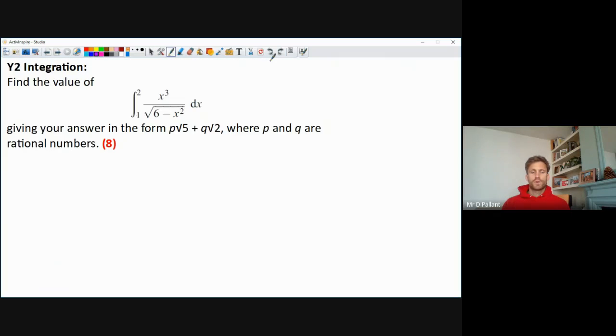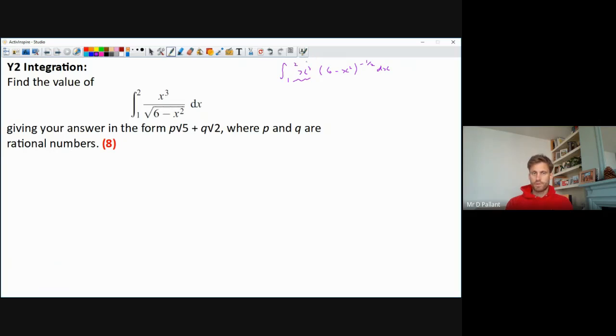Okay, so just run through some things that we might look at. So we could write it like this to effectively check for an inspection method. Okay, so an inspection method is not going to work because that is not any multiple of the differential of that.